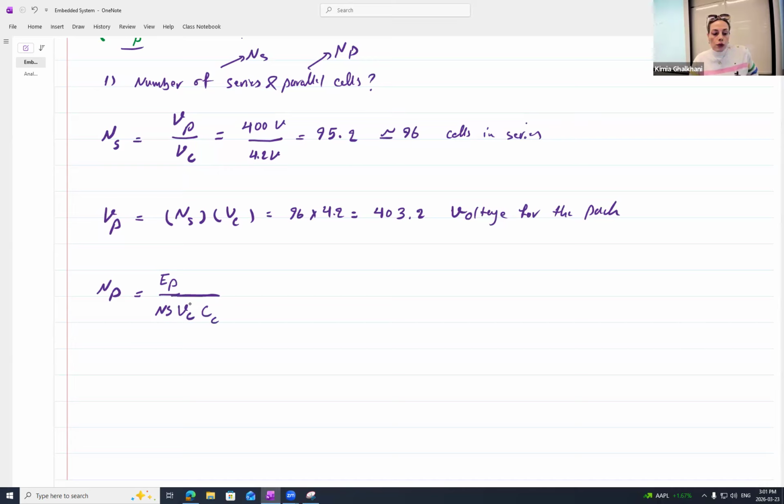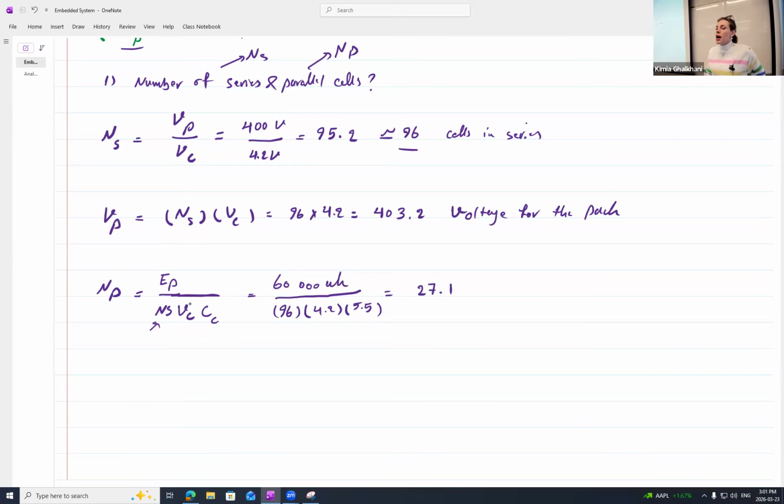These three I have from the problem, and this one I just solved for. EP from the problem is 60 kilowatts or 60,000 watts. Number of series, I found it in here, 96. Voltage per cell from the problem is 4.2. And cell capacity was given as 5.5 amp hour.